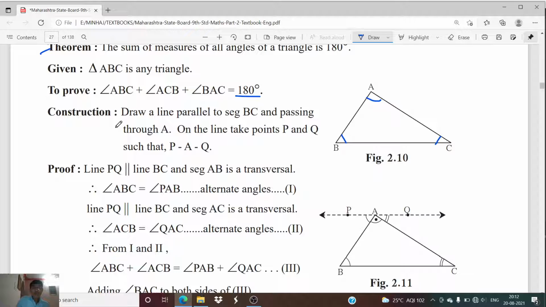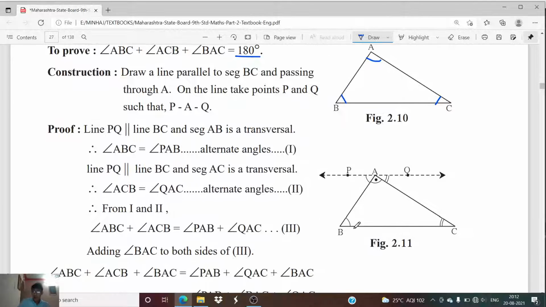So for proving this particular theorem, we have to do certain construction work. I am going to draw a line PQ, which is going to be parallel to side BC of triangle ABC. And this line PQ is going to pass through point A, the vertex A of the triangle.